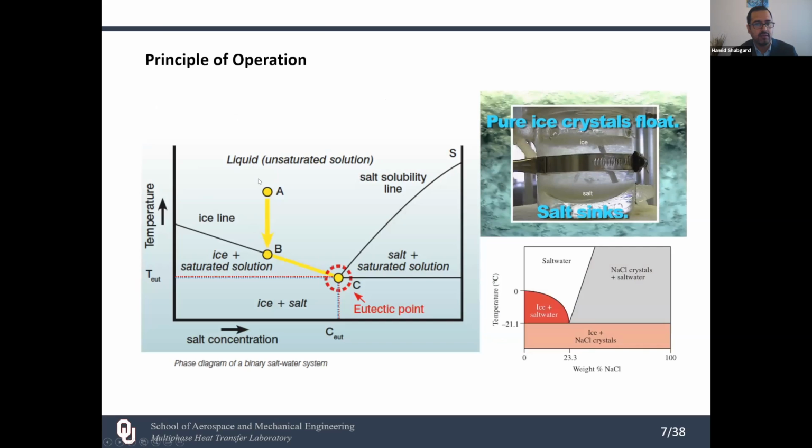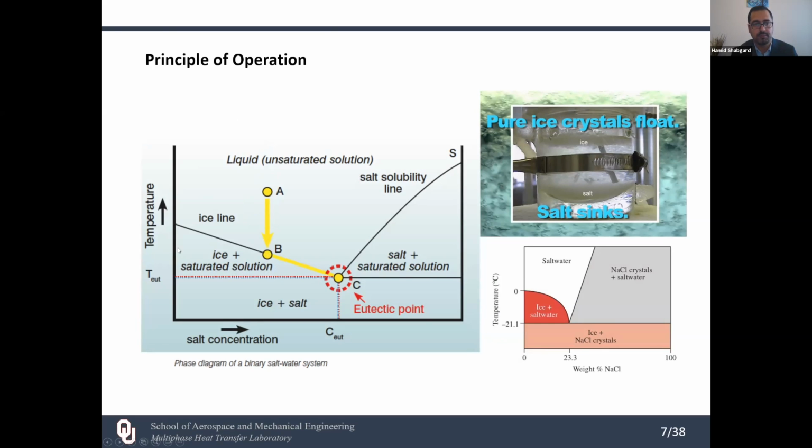The entire idea behind freeze desalination is this: this is your starting point, brine at room temperature. You freeze it. At the first step, you have just sensible heat cooling until you get to the eutectic line at point B. Further cooling would increase the concentration of the brine by separating the pure water in the form of ice crystals.